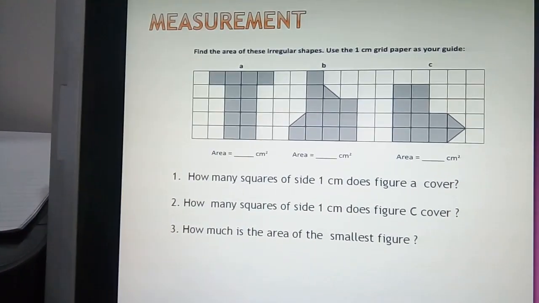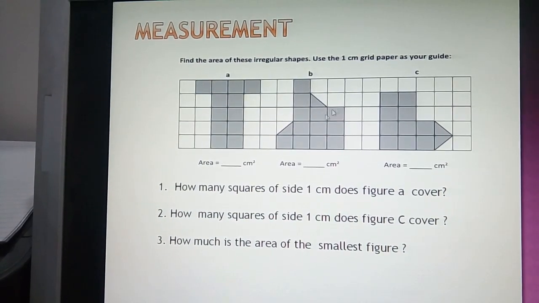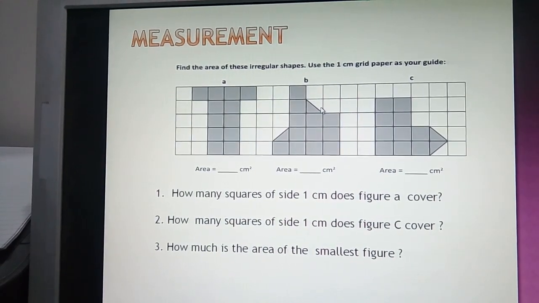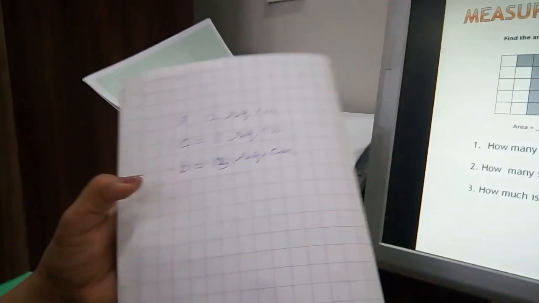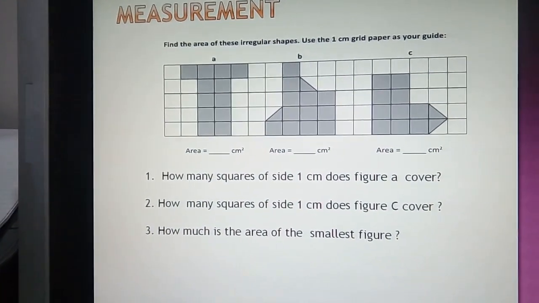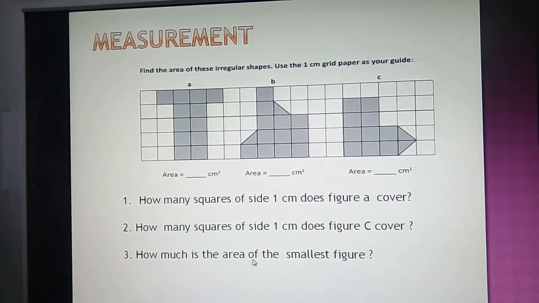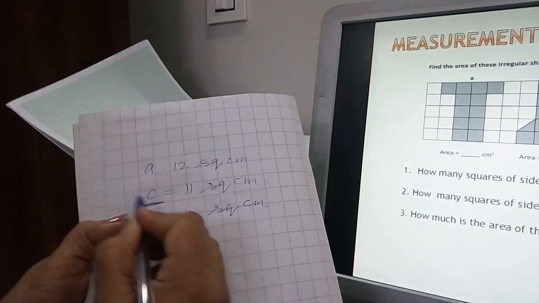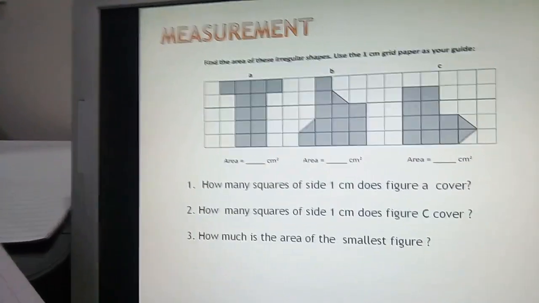Just a minute. 5, 6, 7, 8, 9, 10, 11, 12 and 2 halves. So it's not 12, it's 13, right? Like this you have to measure again and again, right? So now see question number 3, how much is the area of the smallest figure? Figure C. Figure C has the smallest area, right?